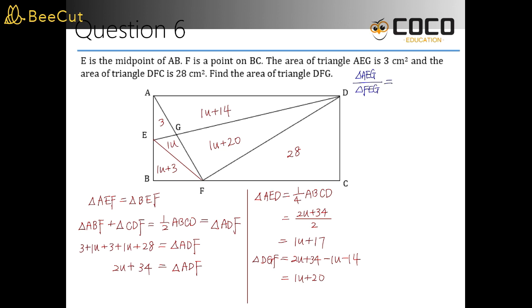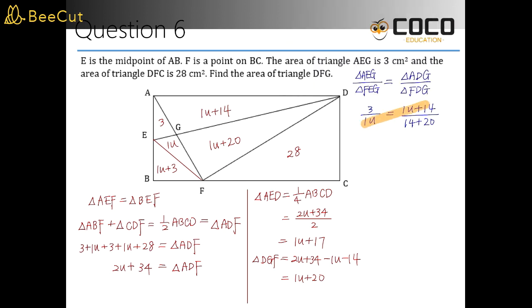That's the same as the area of triangle ADG over the area of triangle FDG, because the base is the same, also AG and FG. Let's put in the values: 3 over 1U equals 1U plus 14 over 1U plus 20.